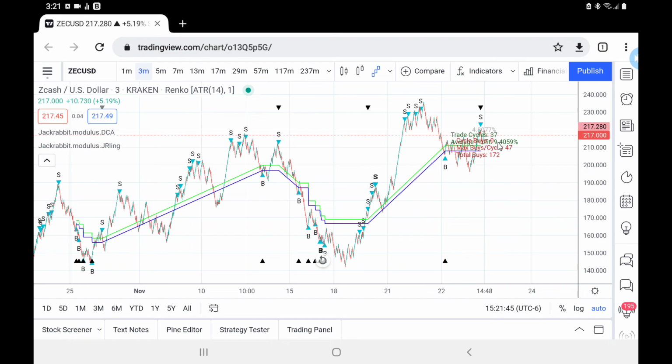Renko is not perfect. Renko does not count time the way the traditional candlestick structure does. That is both an advantage and a disadvantage, depending upon your trading style.